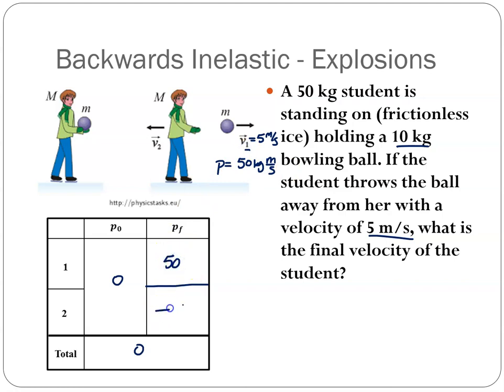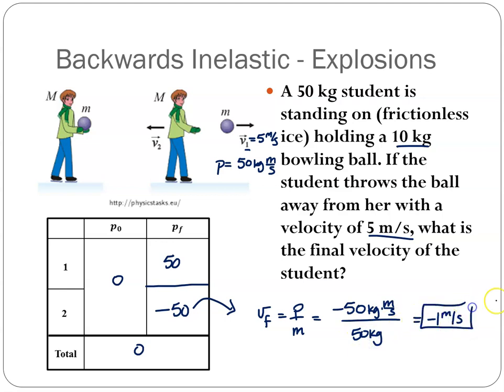That means her momentum must be -50. Again, we take this out of the box, and final velocity is equal to the momentum divided by the mass, which is -50 divided by the student's 50 kilograms, and that is -1 meter per second. So that's how fast the ice skater would be going after she threw the ball.